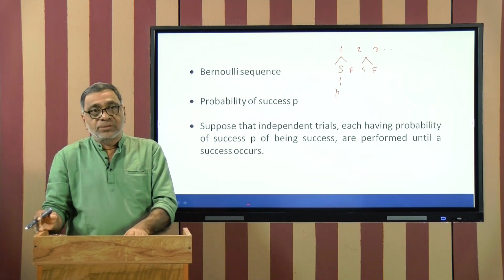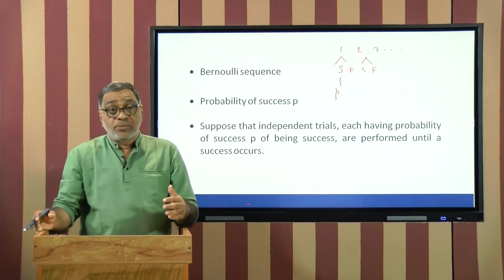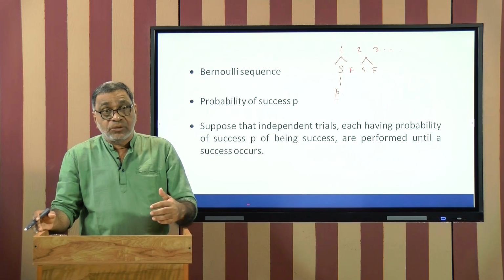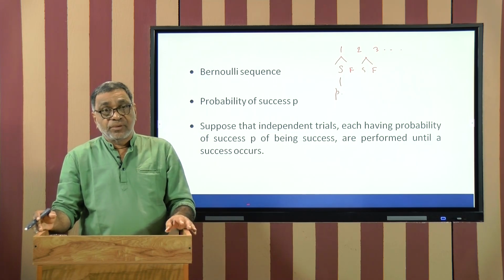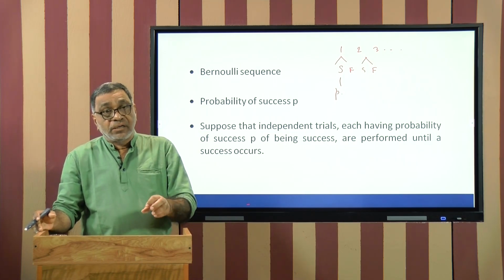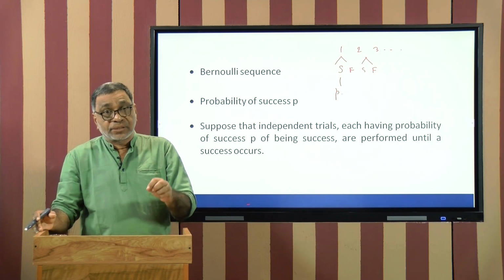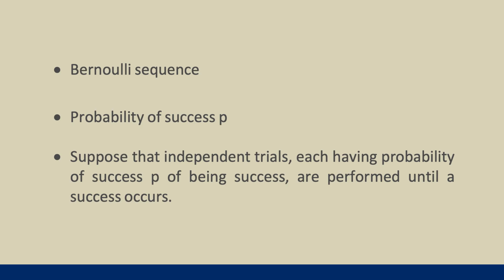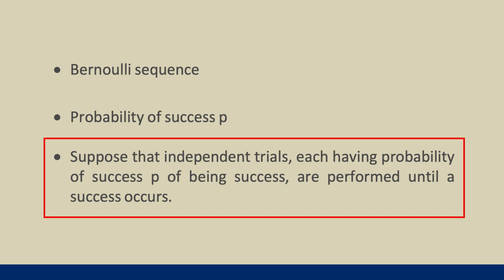In the case of the binomial distribution, we perform the Bernoulli sequence n times and identify the number of successes obtained out of n trials. But here, we are performing the trials until a success is obtained.